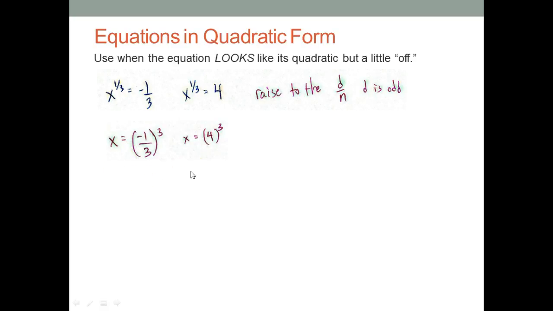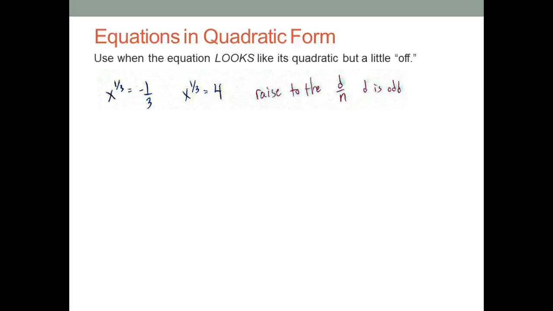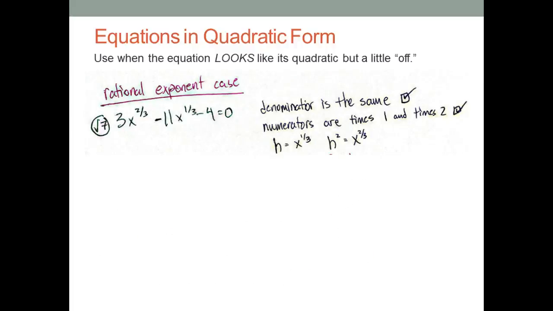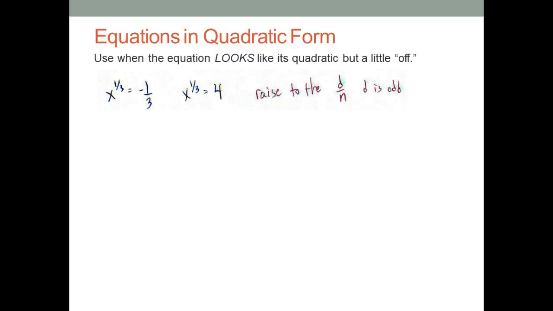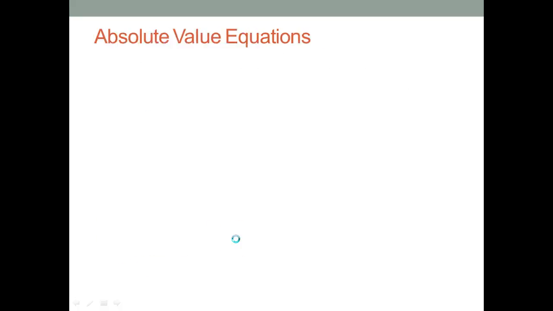Now, I didn't have the work for checking the answers, but I have checked these answers, and you should pause the video and actually substitute back in to our original equation here and see if you again get the correct answer, or that the statements are true. They are true, so I've raised each of these to the third power, and so I have x is equal to negative 1 over 27, and x is equal to 64.